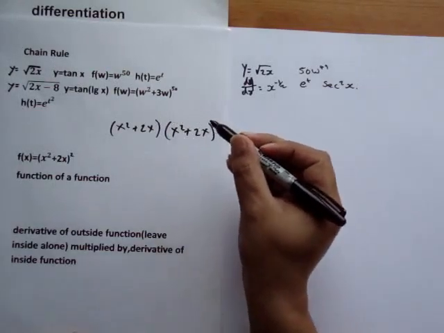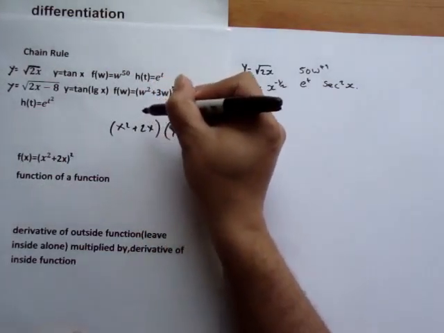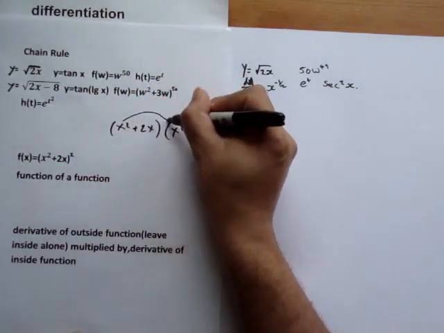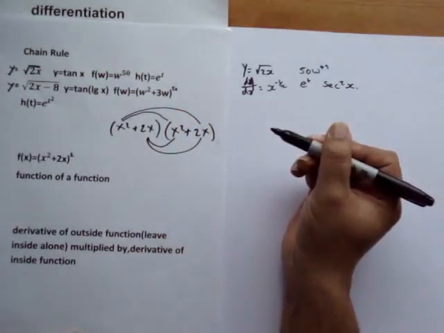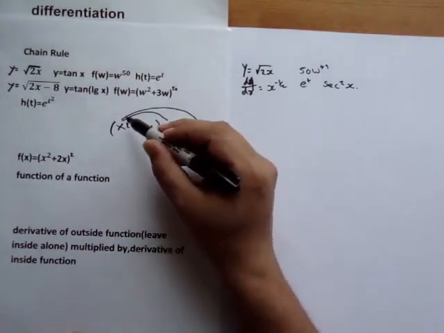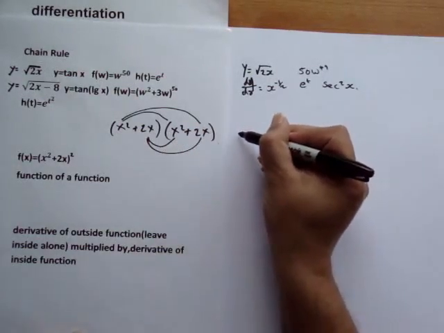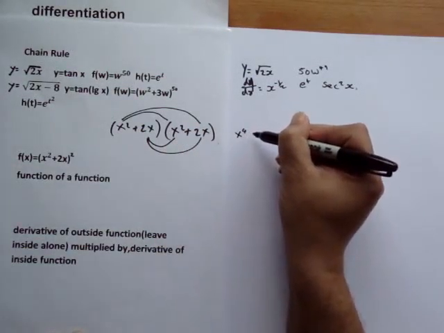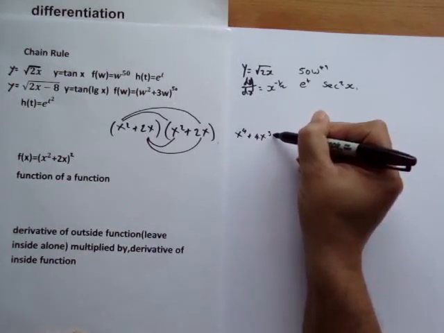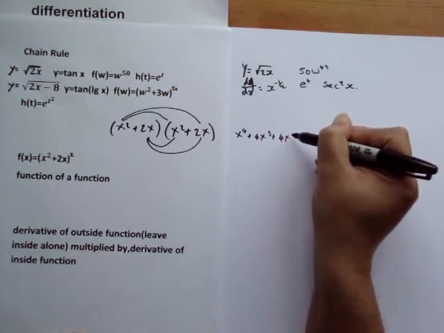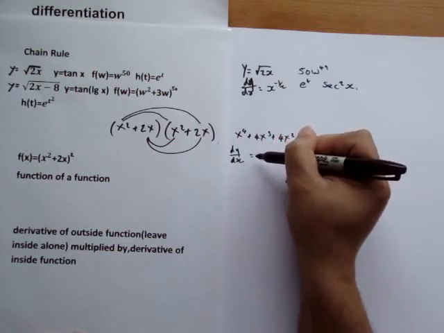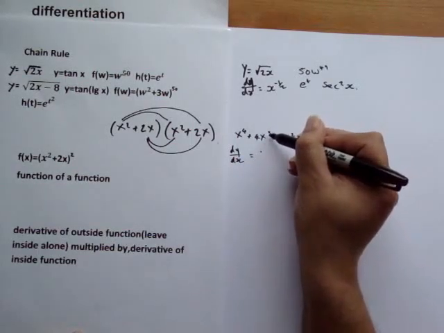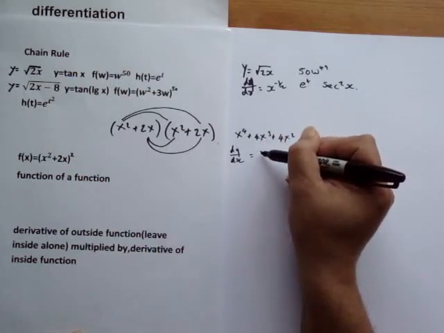And when we use our FOIL method, or as I call it, the claw method, so multiplying out, following these arrows, we get x to the power 4 plus 4x cubed plus 4x squared, and dy by dx equals, bring the power down and then reduce the power by 1.